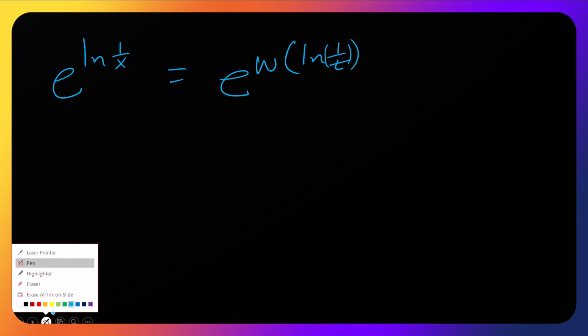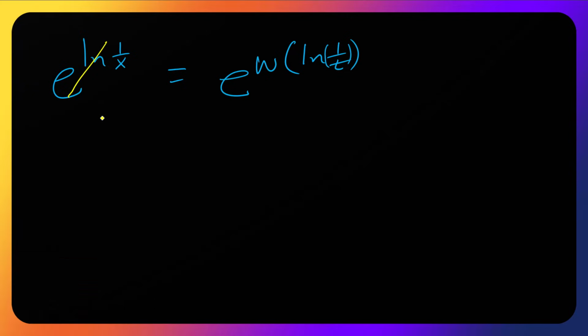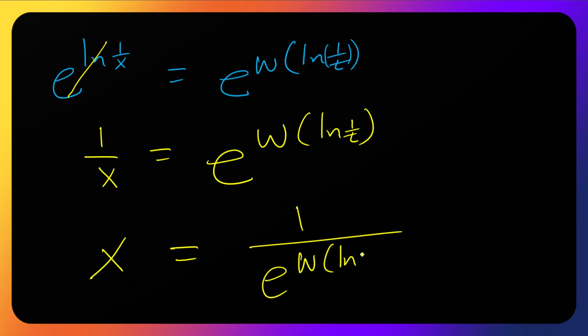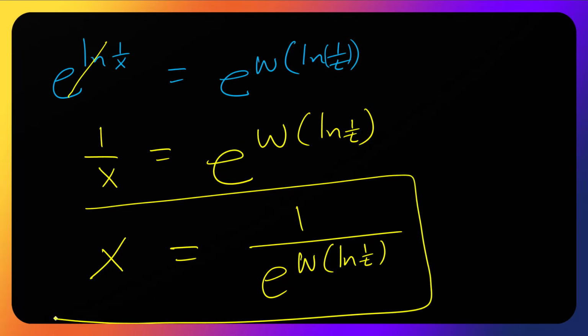So from here, this one and that will make this one free. Then you have e raised to the W function of ln of 1 on t. So we have the x, and we can change the position, that will be x equals 1 on e raised to the W function of ln of 1 on t. So the answer is 1 on e raised to that. All right.